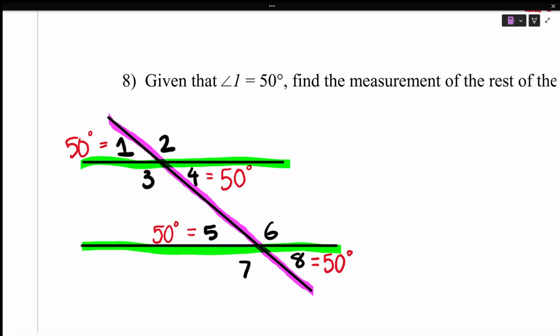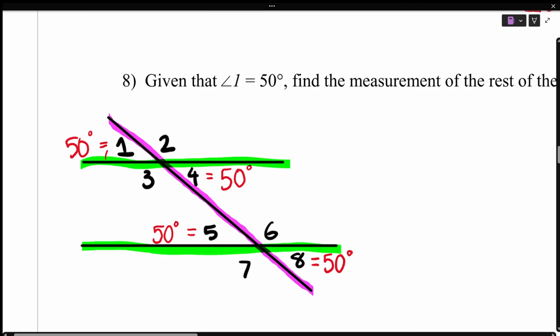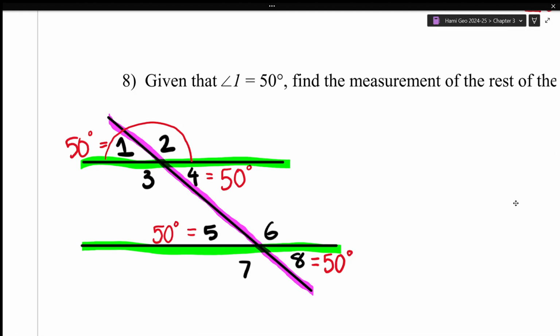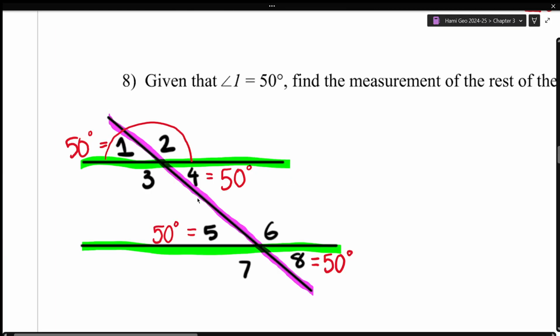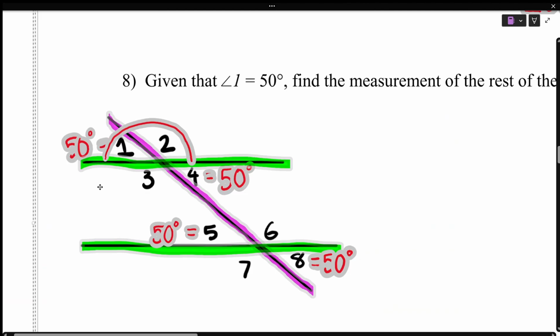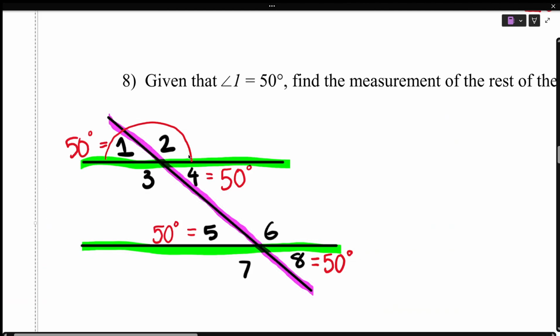2, 3, 6, 7. All right, let's look at number 2. So 1 and 2, they're right next to each other. They create that straight line at the bottom. Those have to be supplementary angles. Supplementary, they add up to 180. So if we already know that angle 1 is 50 degrees, angle 2 has to be what's left over, right?